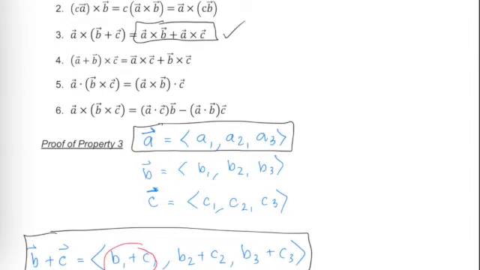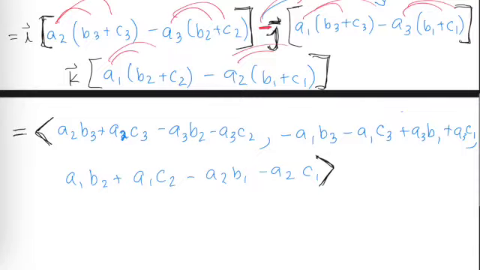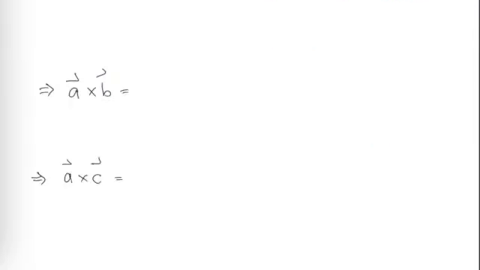It may actually benefit us to look at what A cross B actually looks like, and what A cross C actually looks like, so that we can see a little more easily what it is that we are trying to make our vector approach. So by definition, A cross B is A2B3 minus B2A3, or let's call that A3B2.